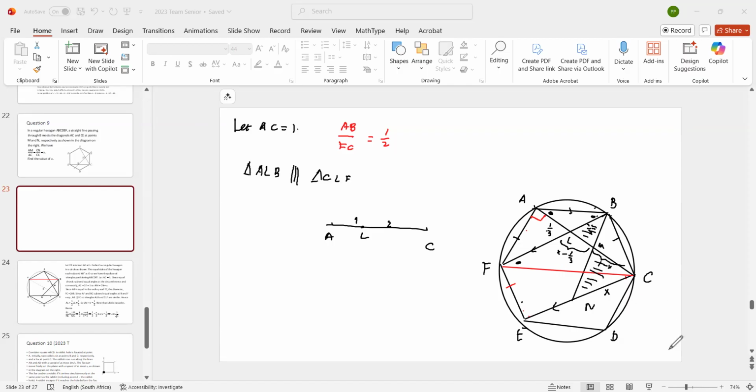Those two shaded triangles are similar because you got parallel lines and you got these angles are alternate angles and so on, vertically opposite angles. So these two triangles are similar. So the sides are in the same proportion. But now I wrote down that this is 1/3. So I'm going to look at the sides of these two triangles. I have 1/3 over 1/3.